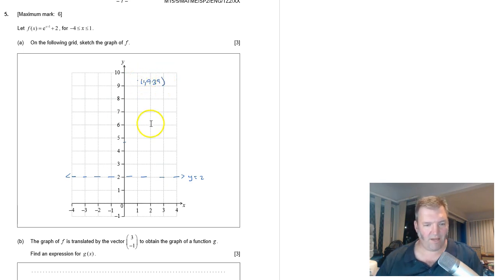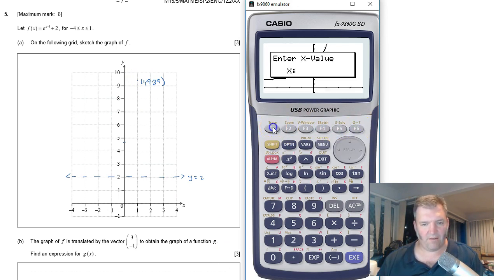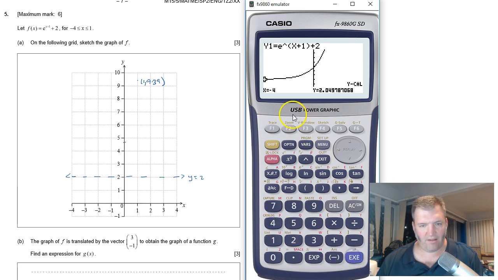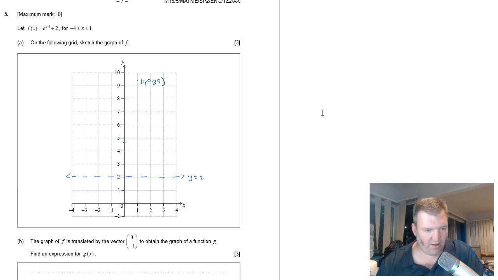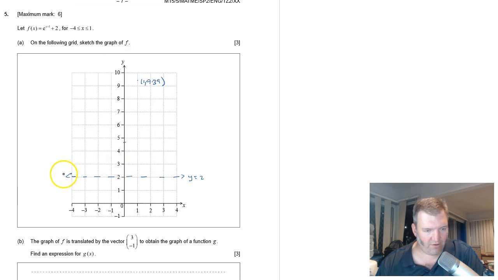And we better have that starting point as well, hey? So shift g-solve. Let's calculate the y value when x is -4. That was our left hand end of the domain. 2.0497, so about 2.05. So I'm going to put a dot there, indicate that it stops there.